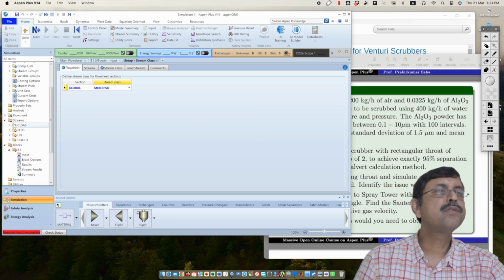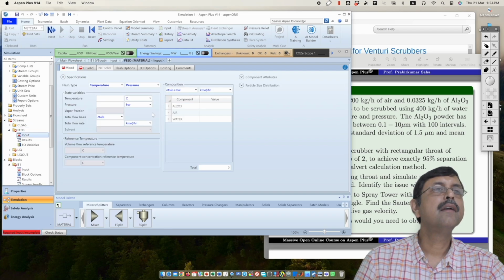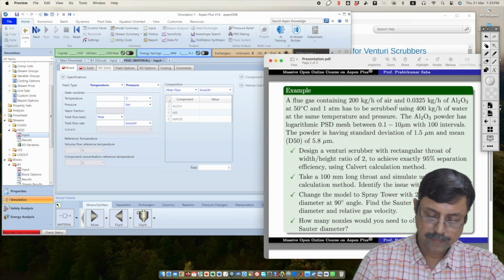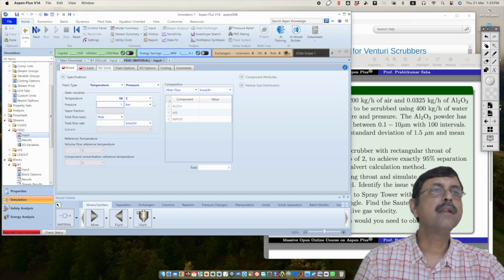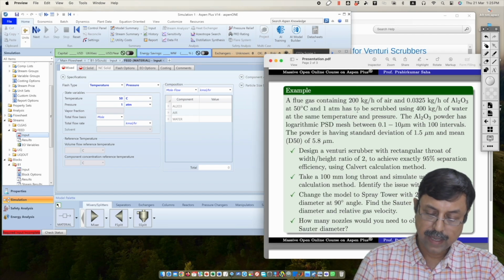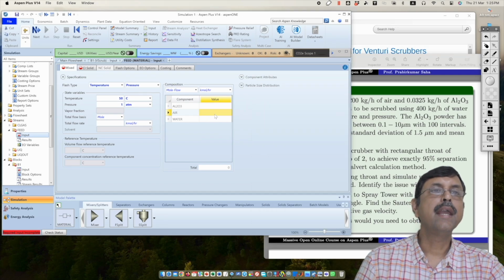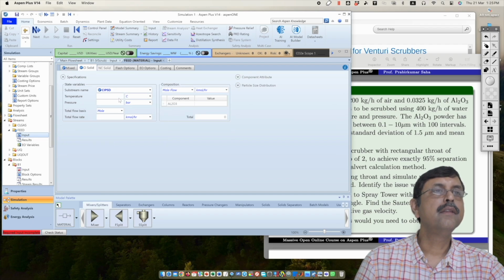Now go to the stream and set the feed. Feed is at 50 degrees centigrade and 1 atmosphere pressure. It has 200 kg of air. So air is 200 kg, and solid, this will also have 50 degree and 1 atmosphere pressure.